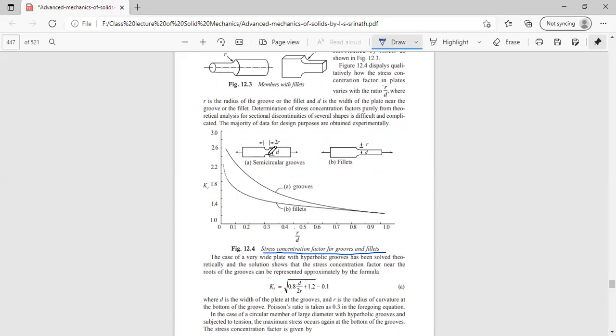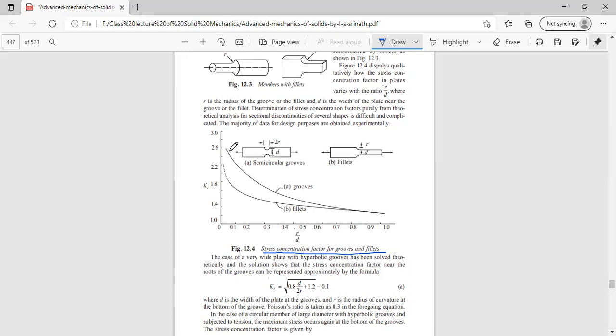Here, this is the diameter of the rod here, and this is the diameter here after the reduction from this portion to this portion. So if we plot R divided by D along the abscissa, and plot the experimental stress concentration factor, it will look like this.